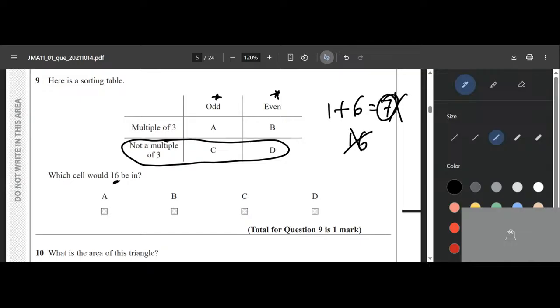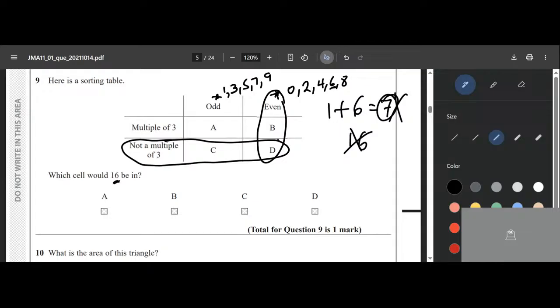So we say that a number is an odd number if it is not divisible by 2, or if it ends with 1, 3, 5, 7, 9. But it's an even number if it ends with 0, 2, 4, 6, 8. So this number ends with 6. So that makes it to be under a category of even number.